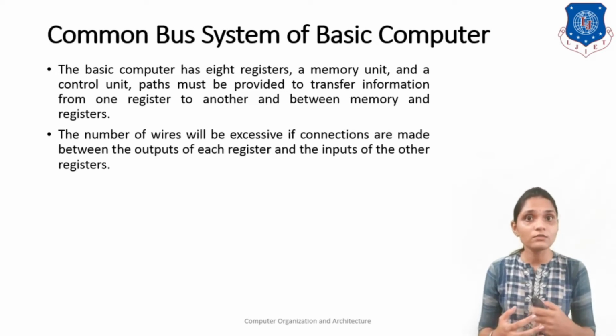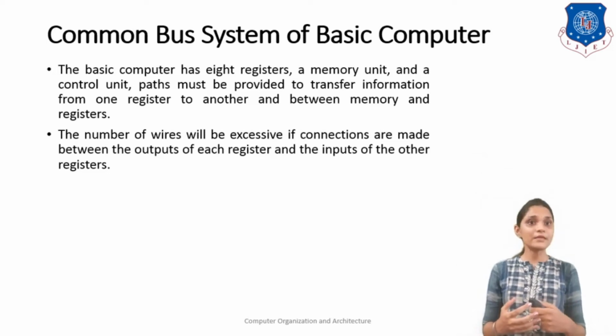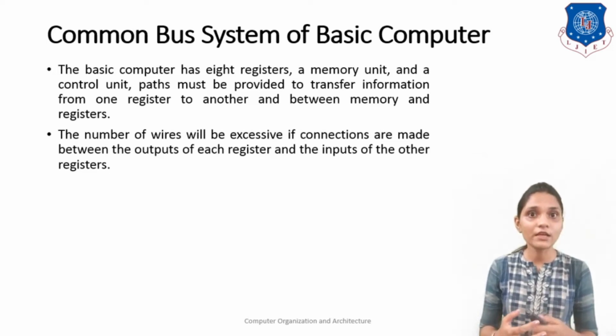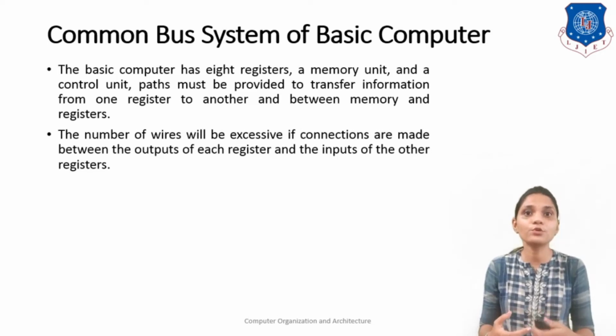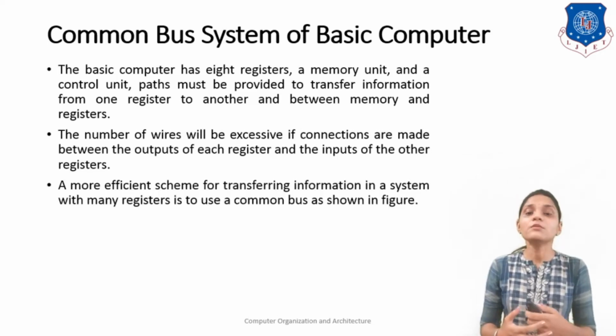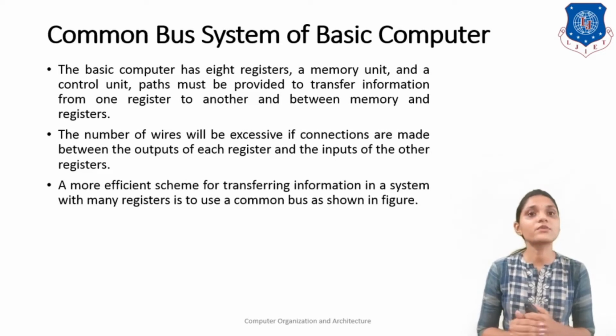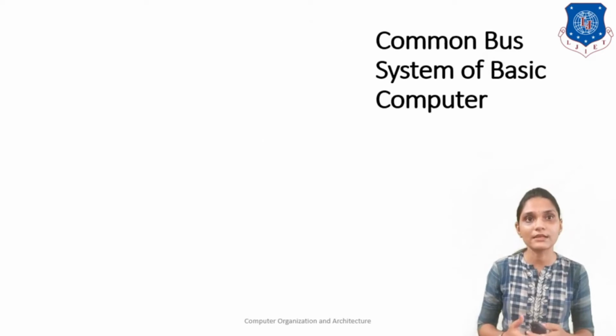If we use one-to-one connections, then the number of wires will be excessive, and we can't connect the output of each register to the input of every other register. The more efficient scheme for transferring information in a system with many registers is to use a common bus, as we have shown in the next figure.